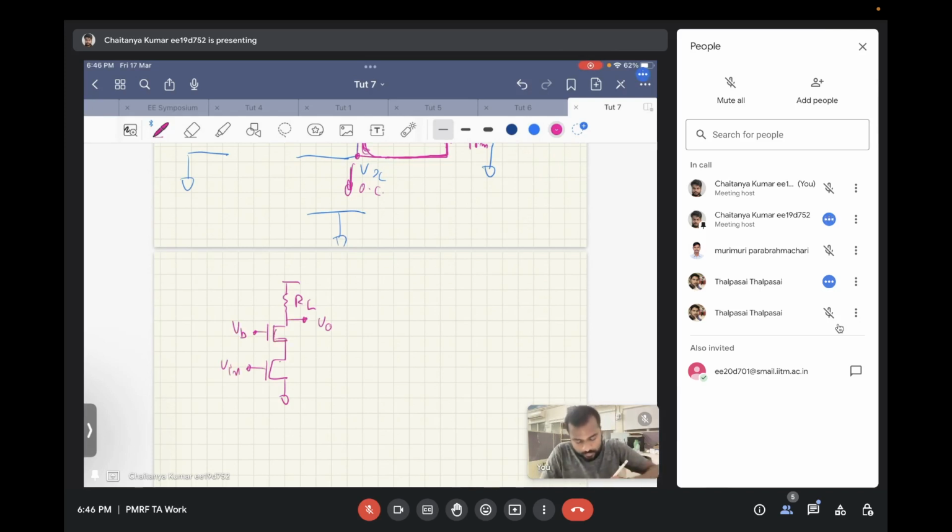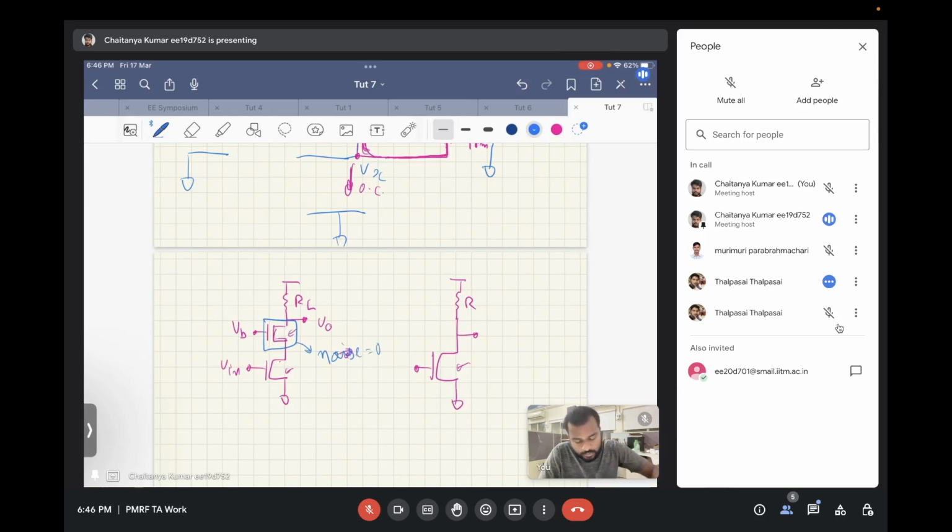So as far as noise is concerned, this circuit and this circuit are equivalent, provided that the output resistance of these transistors is considered to be infinite. So in this case, the noise contribution from the cascode transistor will be equal to zero.